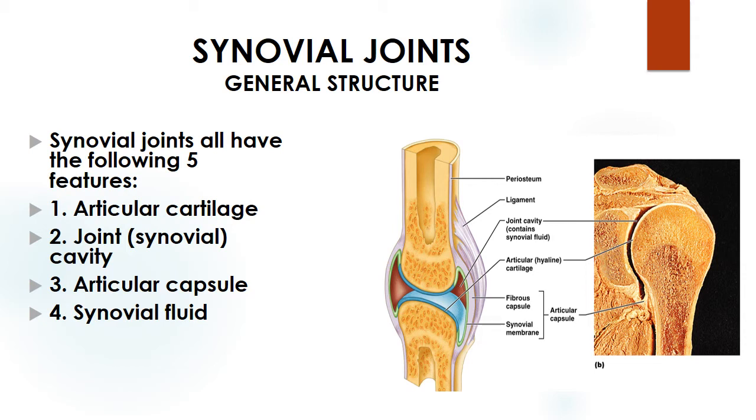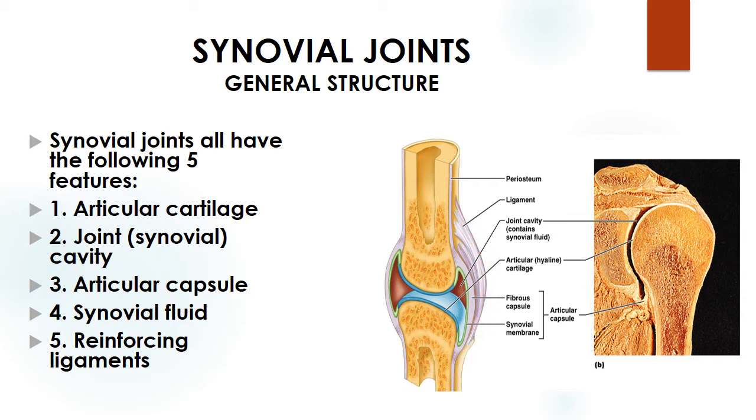Okay, and then all synovial joints are characterized by synovial fluid, which is secreted into the interior of the synovial joint cavity. And then all synovial joints are characterized by the presence of reinforcing ligaments. And in this diagram here, we diagram a ligament here in purple.